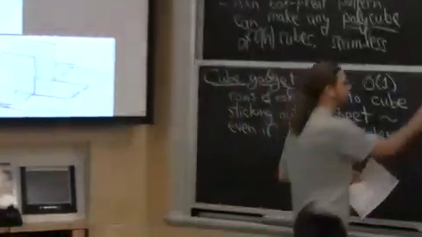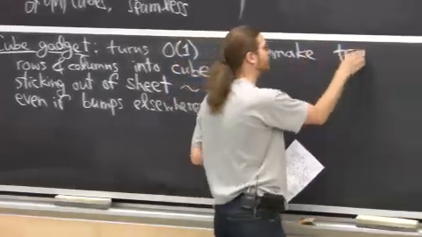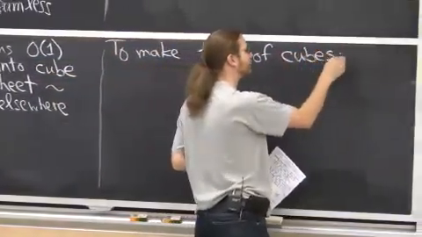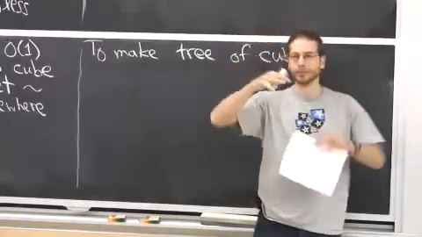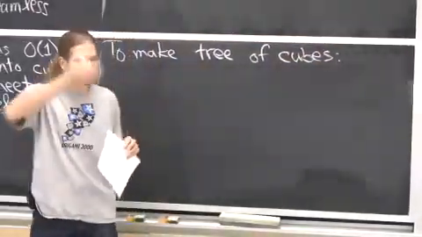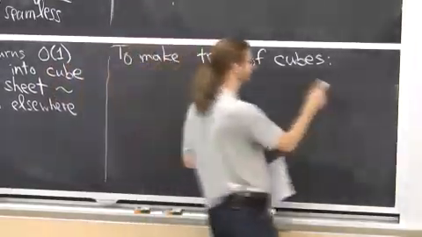And the idea is to make a tree of cubes. So if you want to make something that has cycles in it, like a big n by n by n cube array, you can just cut it up, subdivide it so that it's just a tree of objects.